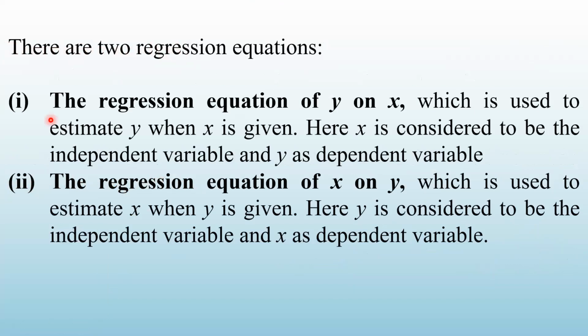The first one is called regression equation of Y on X. Y on X means the value of Y depends on X. This equation is used to estimate the value of Y when X is given to you. Here, X is considered the independent variable and Y is the dependent variable, because the value of Y depends on X.